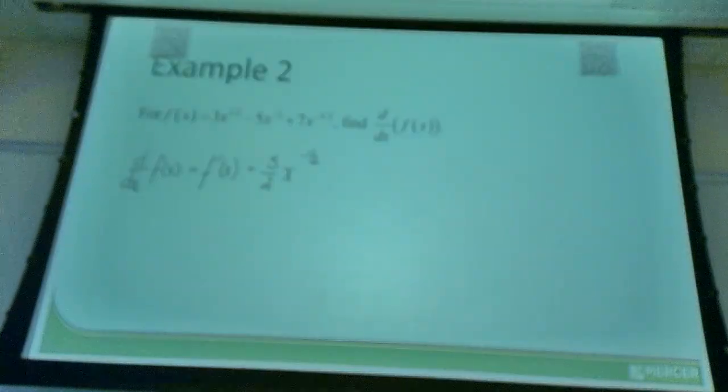You're jumping the gun. Five x to the minus 2. What's the power? -2. Bring it down. Negative 2 minus 1. -3.